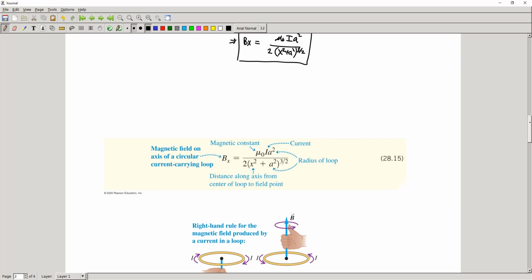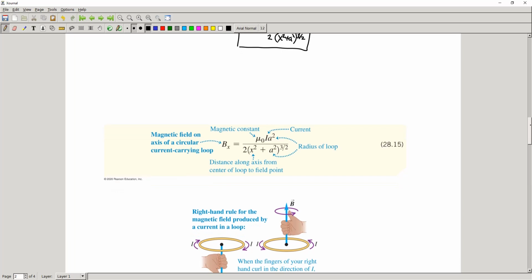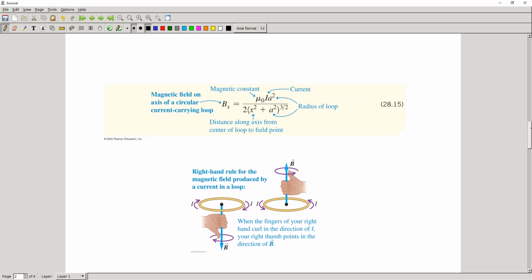Okay. So what about the direction, the pointing of these magnetic fields? We saw how we can calculate the magnitude, and we argued about how we could figure out the direction, but there's also a right-hand rule that applies here too.